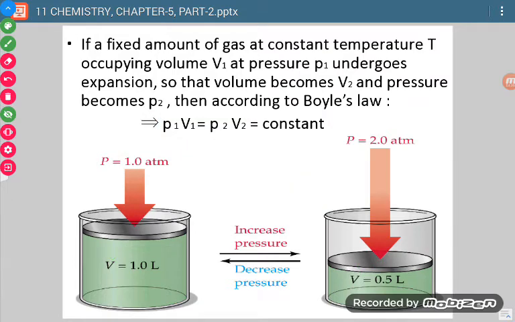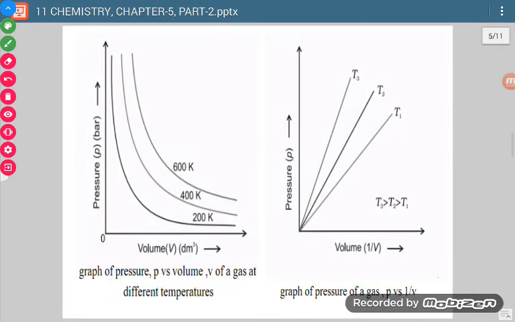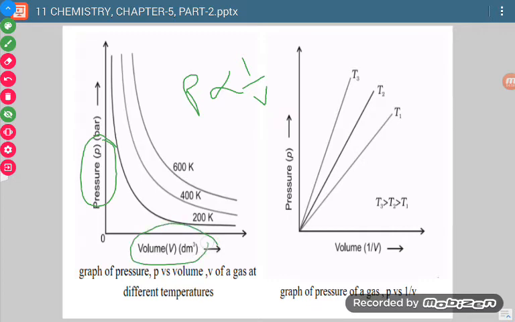Now if we plot the graph, we said P is inversely proportional to 1 by V. If we plot a graph between P and V, with the increase in V, P should decrease.